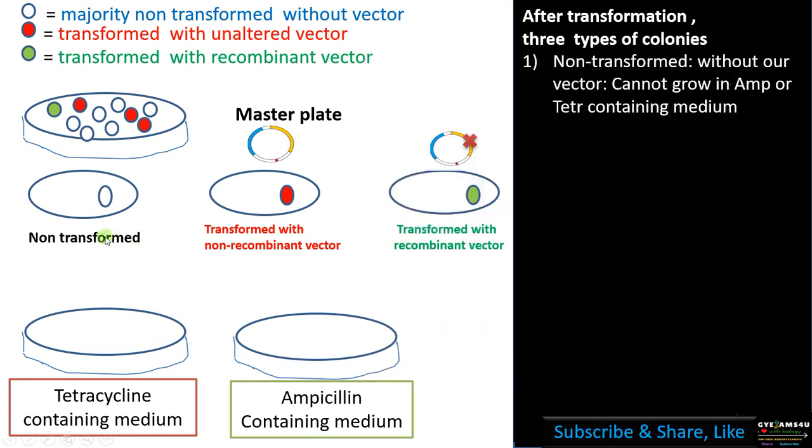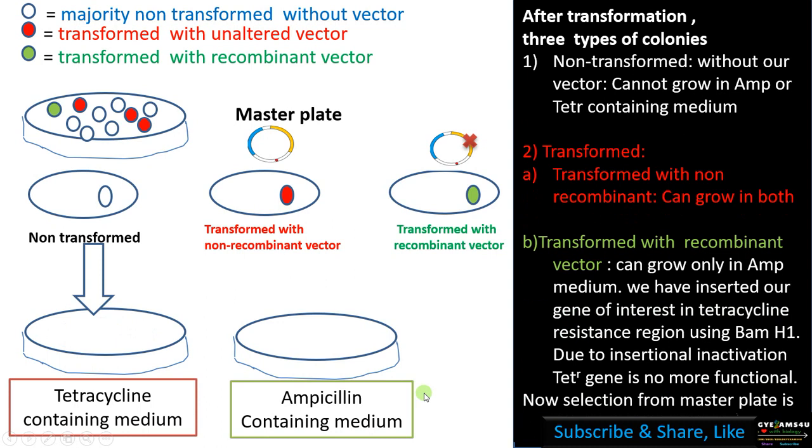So what happens is, non-transformed, as it doesn't have this antibiotic resistance gene, ampicillin resistance gene or tetracycline resistance gene, it cannot grow on tetracycline containing medium or ampicillin containing medium. So it can be easily removed.